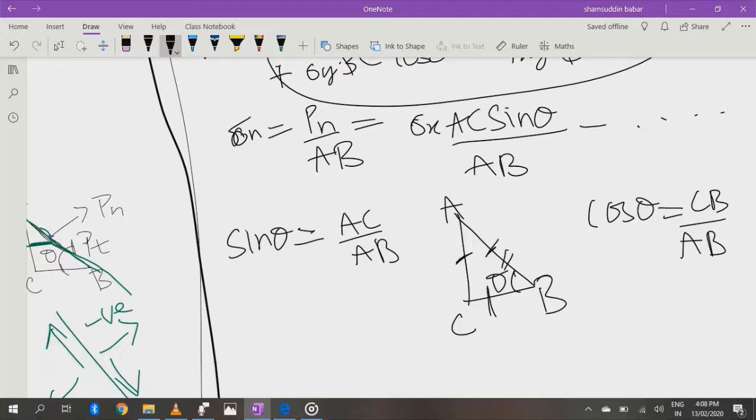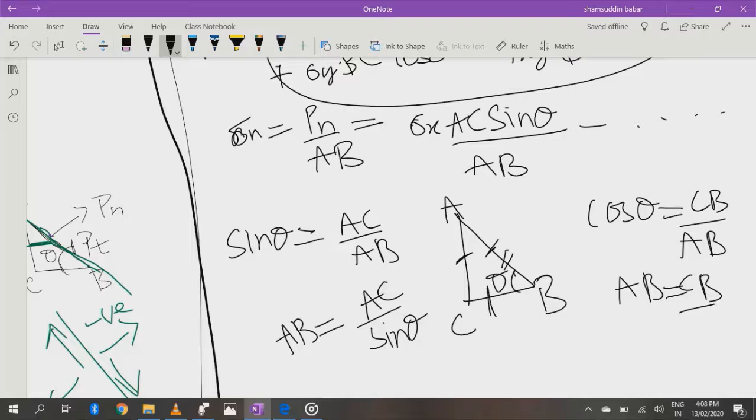So from here I got AB is equal to AC over sine theta, and AB is equal to CB over cos theta.